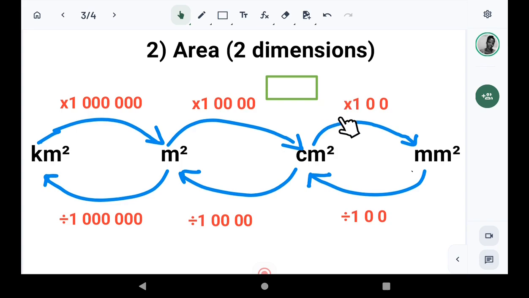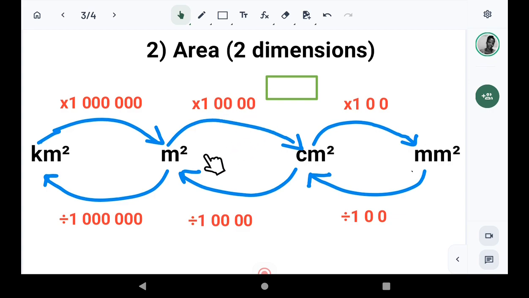So instead of multiplying by 10 when converting from square centimeters to square millimeters, you multiply by 100, which is 1 and 2 zeros. Same with when you're converting from square meters to square centimeters, you now not just multiply by 100, 1 and 2 zeros, but you multiply by 1 and double the number of zeros, which is 2, which is a total of 4 zeros.